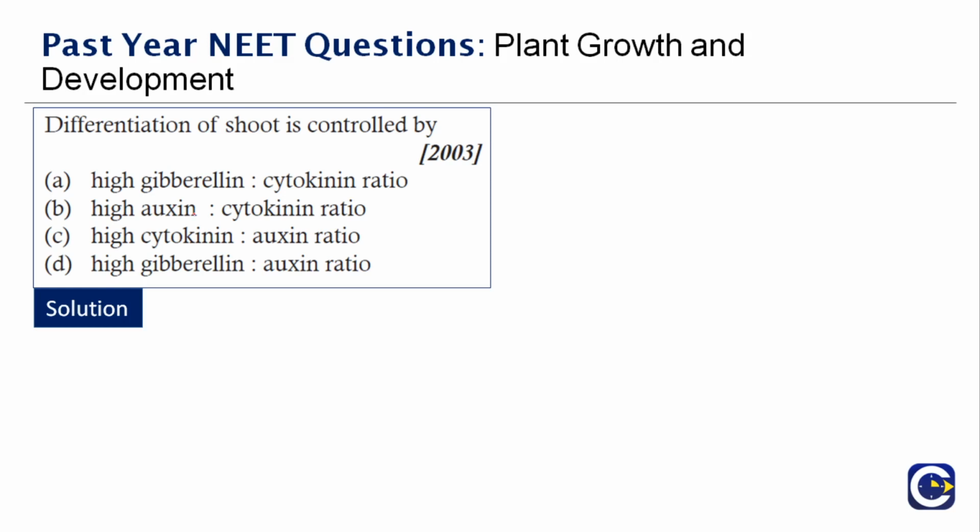Now what do you mean by differentiation? Let's discuss that first. When we talk about differentiation, there are different meanings for that. But when we talk about differentiation in plants, it is growth, right? Of course, here they're talking about the differentiation of root. The common meaning is the action or process of distinguishing between 2 or more things.